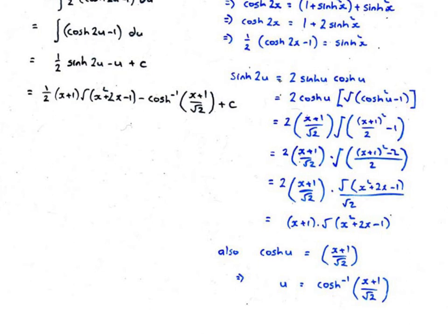We've used a substitution, and then we've used our cos squared plus sine squared equals 1, and we've used our double angles for cos 2x and sine 2x to be able to work our way through this. But there's quite a bit to it.